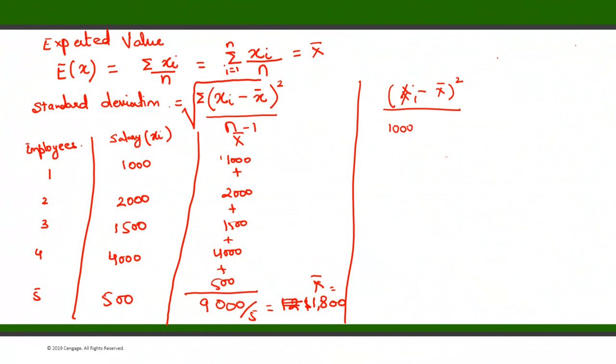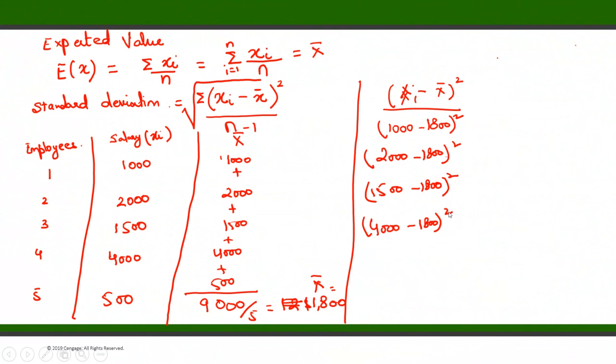So 1,000 minus 1,800 whole square, 2,000 minus 1,800 whole square, 1,500 minus 1,800 whole square, 4,000 minus 1,800 whole square, and 500 minus 1,800 whole square.